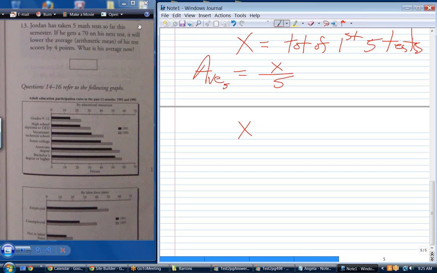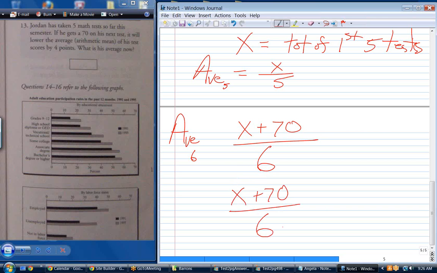Okay. So if he gets a 70 on his next test, his total is going to be x plus 70. And we're going to divide that by 6. And so that's his average after 6. And they're saying that his average after 6 is going to be his average after 5 minus 4.